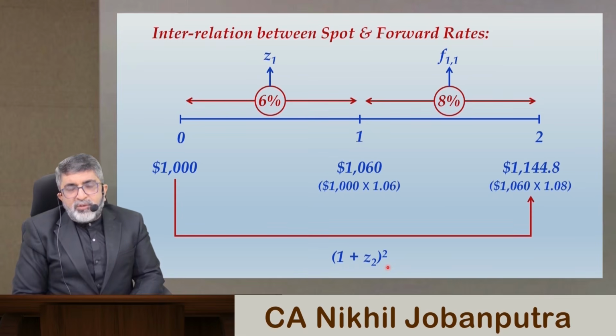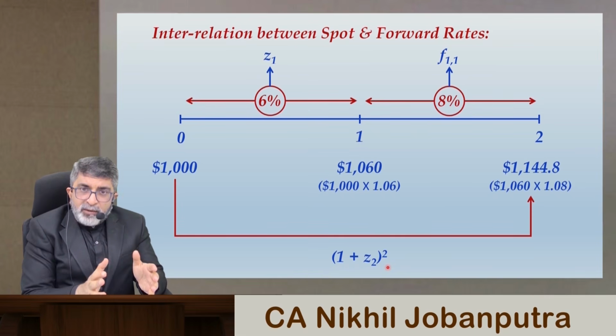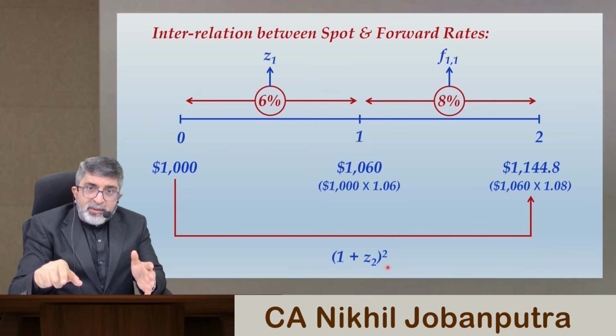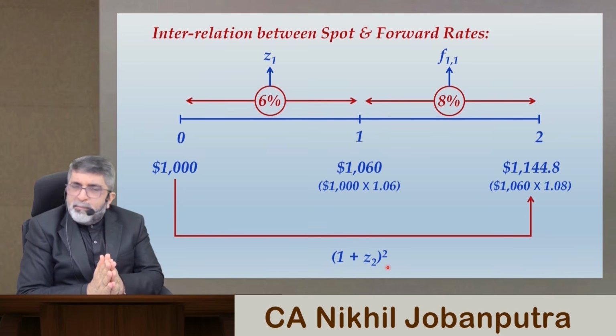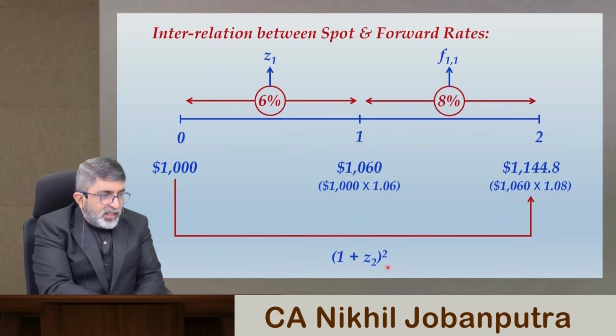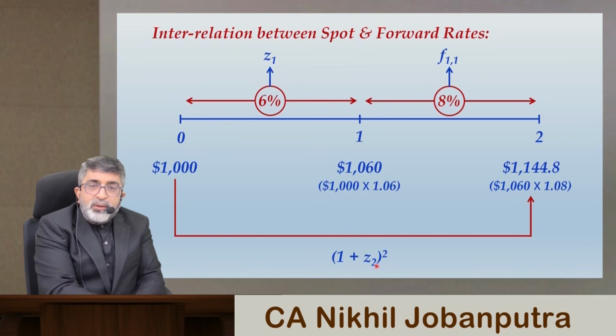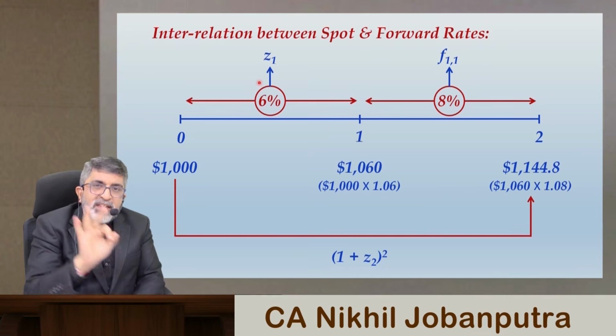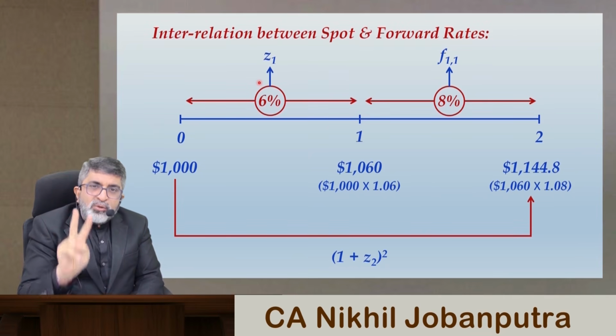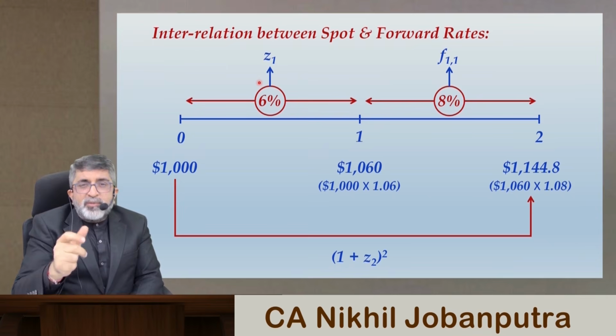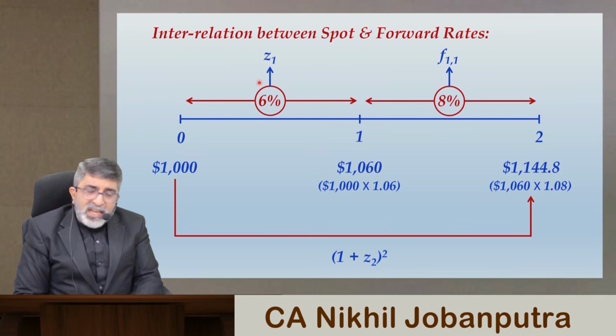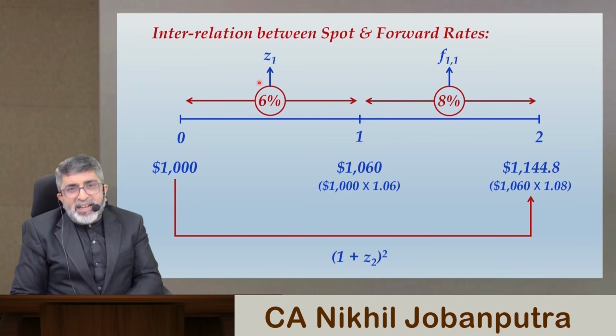So what I am trying to tell you, Z1 was given, F1,1 was given, what was missing? Z2. You can compute Z2 mathematically. Alternatively, if I had given Z1 and Z2, you would have computed F1,1. If I give you Z2 and F1,1, you can find Z1. Out of these three, if any two variables are given, the third missing variable you can derive through this mathematical connection.